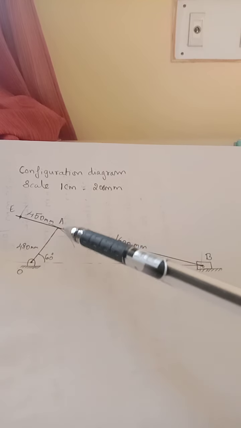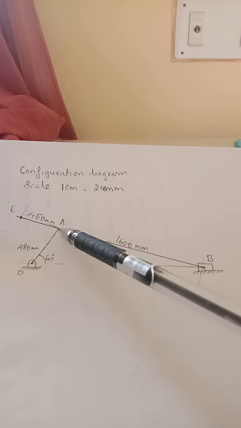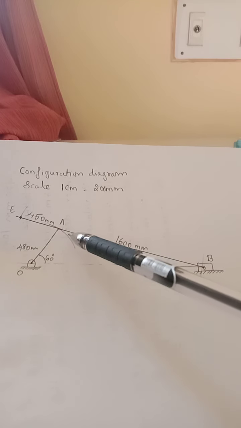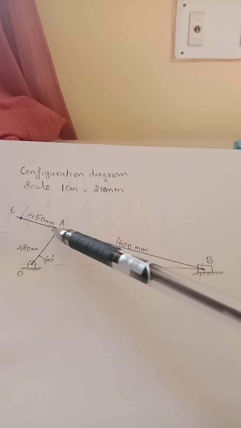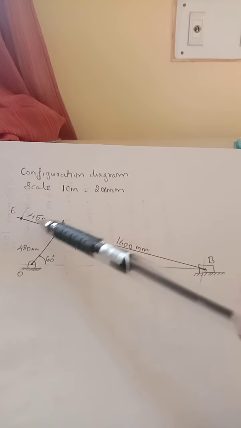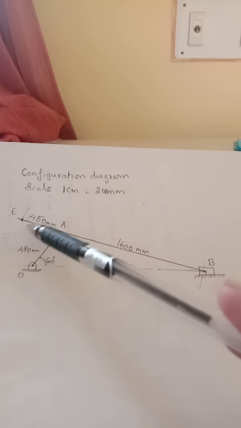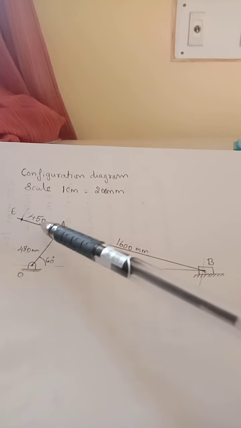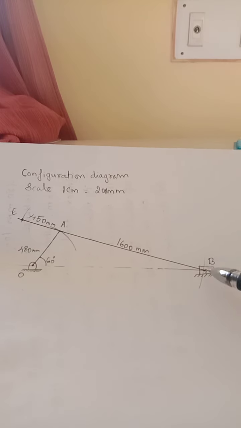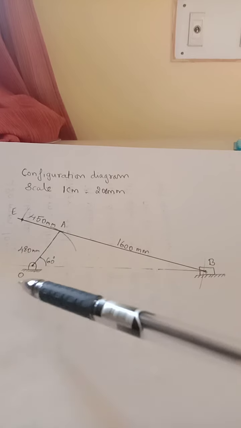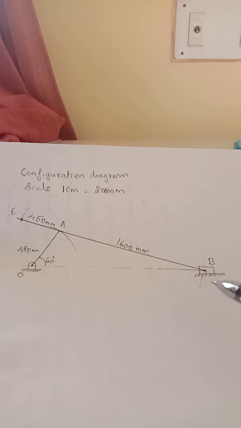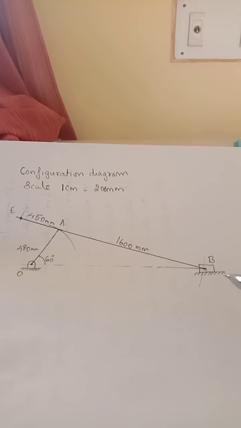Okay, and there is also a point E which is extended beyond this connecting rod. Extension of the connecting rod is there, and we have a point E at 450 mm. Okay, and here B is the slider, and OAB is the required slider crank mechanism.